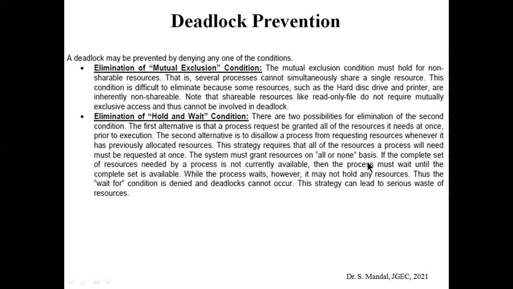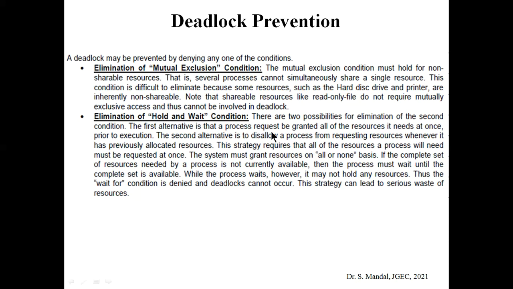What is the all or none strategy? That means we can allocate all the resources at a certain time to only one process, and after the completion of that process or the use of the respective resources, the resources are released, and the next process can use all of the resources.